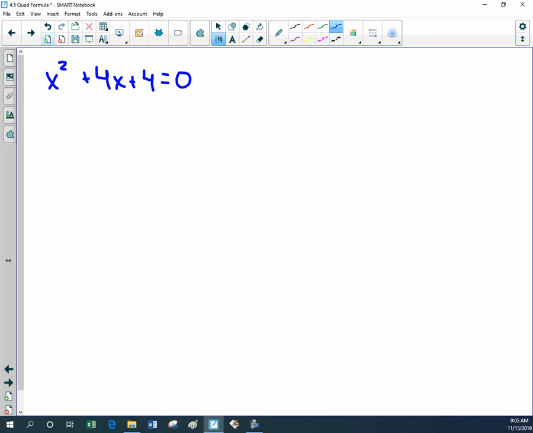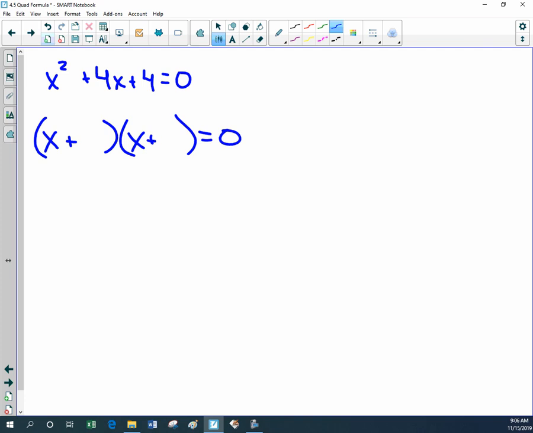Okay, so for this problem right here, let's solve it by factoring. So to solve it by factoring, it'll be x and x. What do I know about the signs? The last sign's positive, so that tells me they're both going to be the same. The middle sign's positive, so that tells me they're both positive.